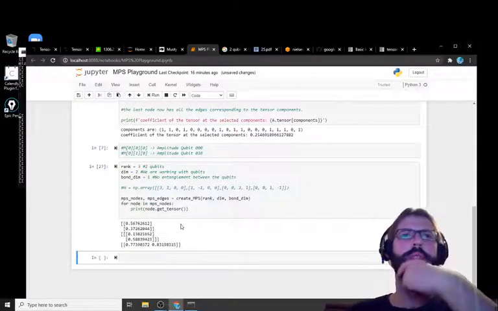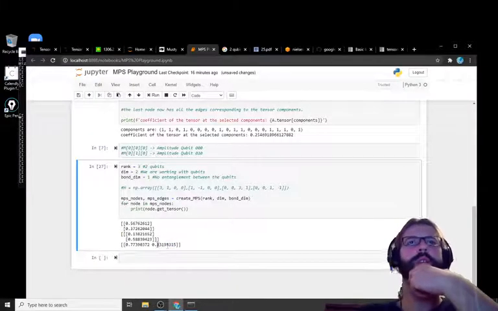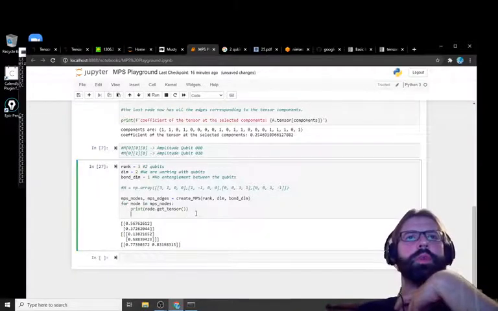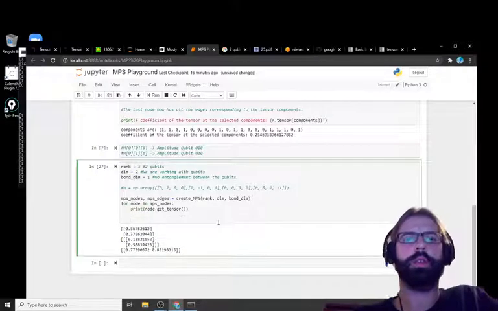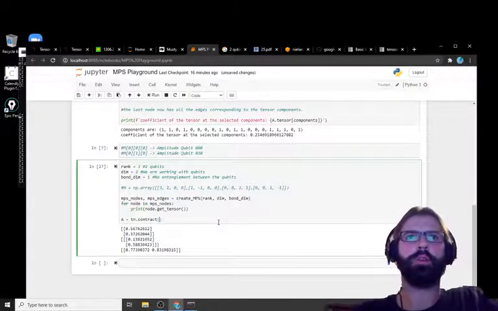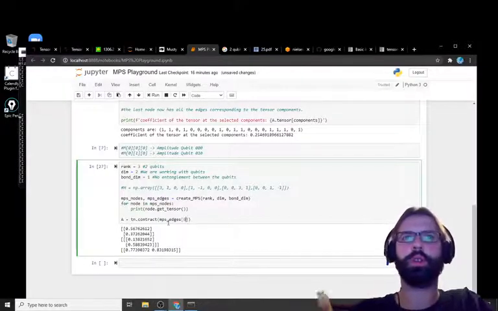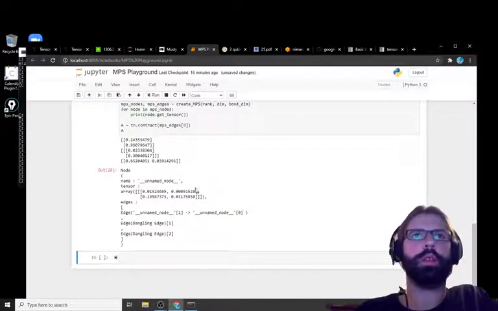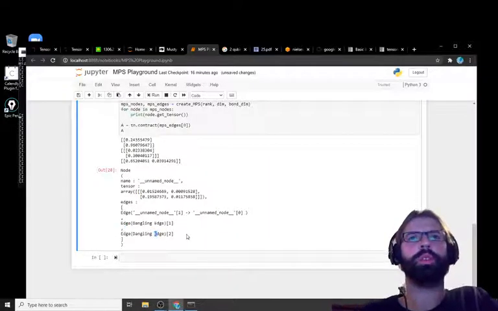If I print the tensors, now we have, so the last tensor always looks like these. Because what you want to do is if you contract the edges, this edge, and then you print an A, it's got 2 dangling edges, so 2 dimensions.